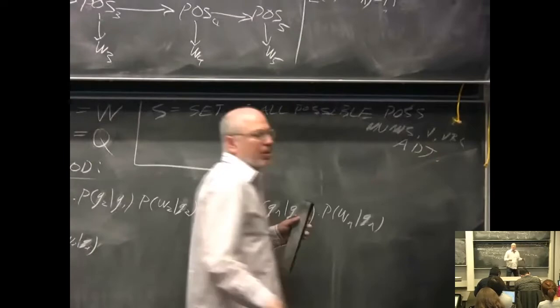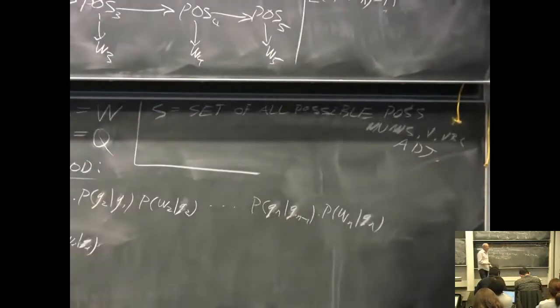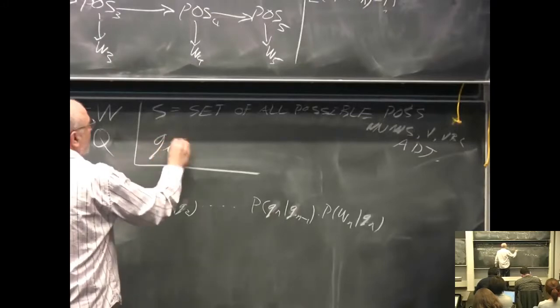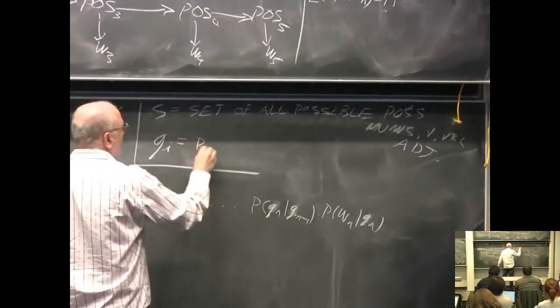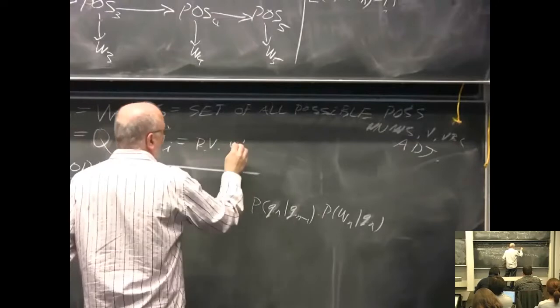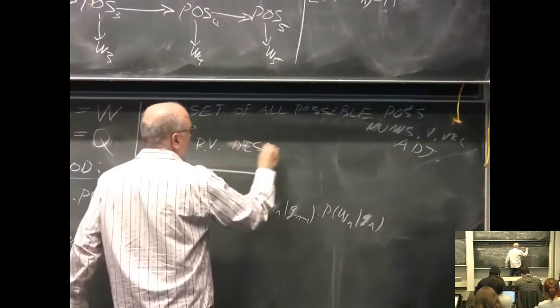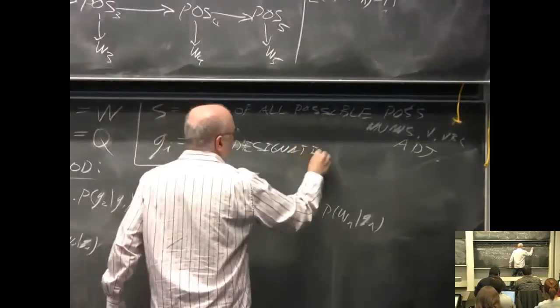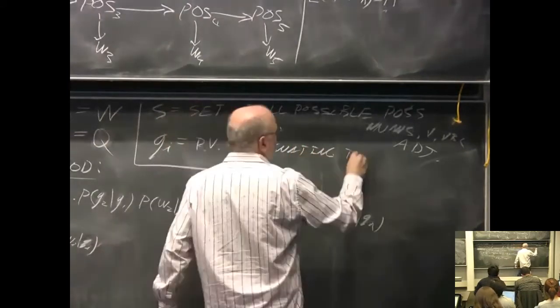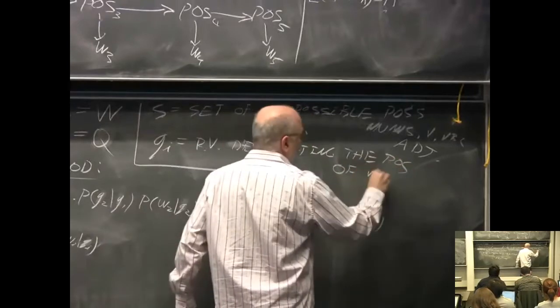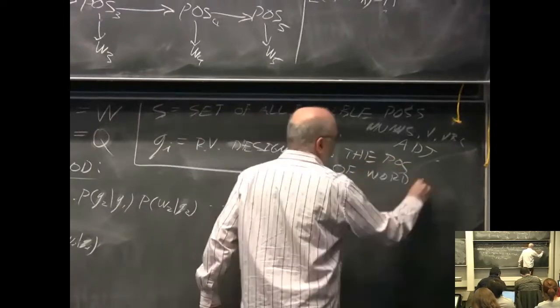There's maybe 20 or 30 of them. Qi is a random variable designating the part of speech of word i, or Wi.